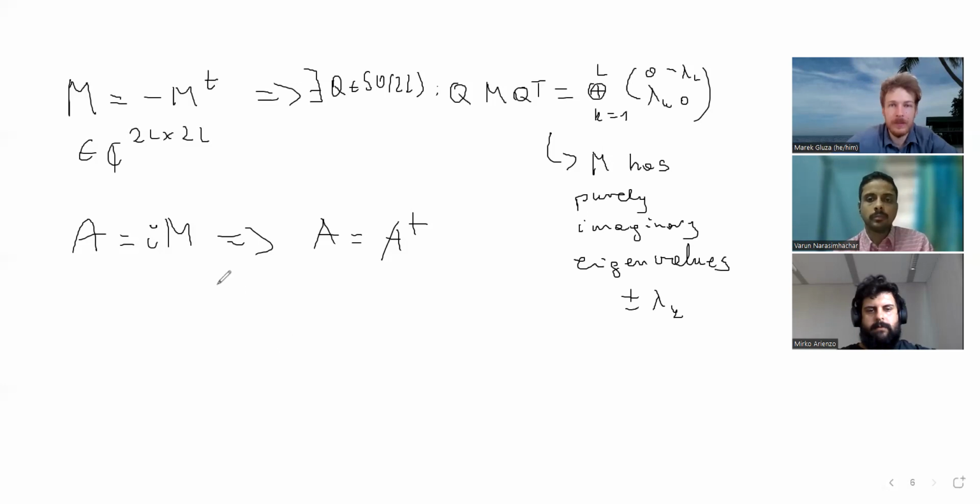Now the problem is that if I have odd dimensions, this matrix M has a kernel.